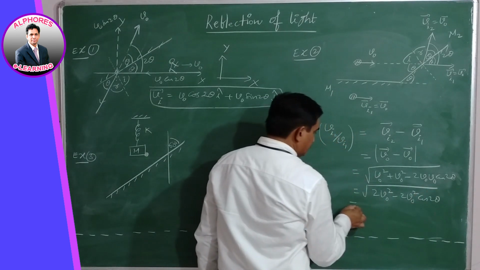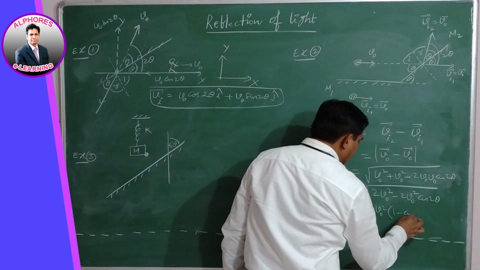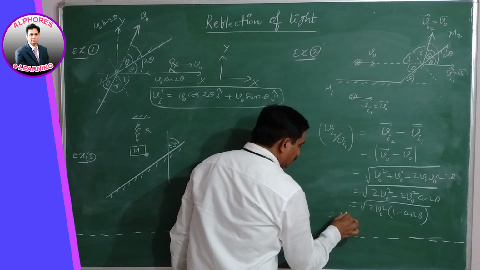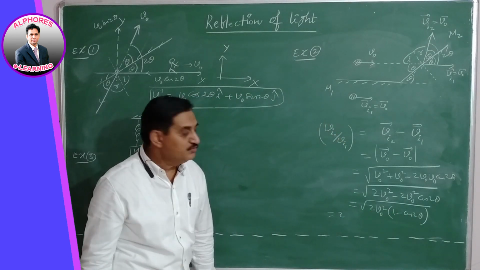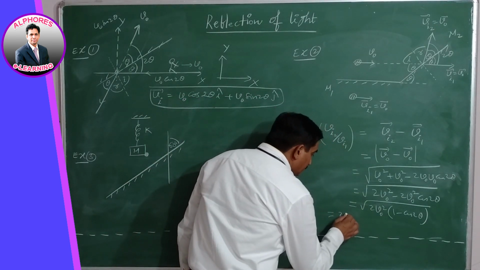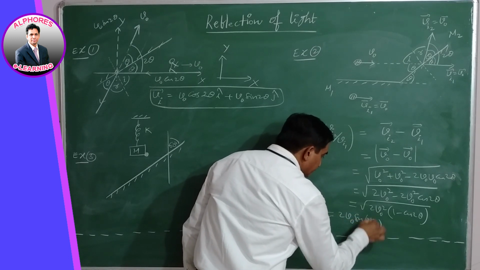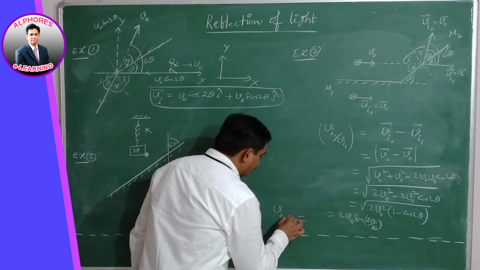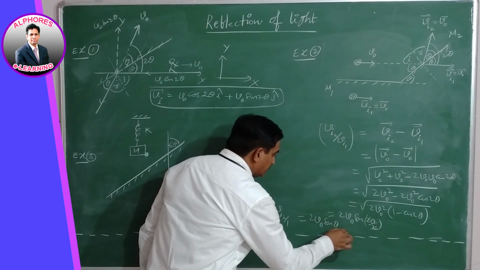Taking 2 V0 square common, we get 1 minus cos 2 theta, and by simplifying, 1 minus cos 2 theta is 2 sin square theta. Therefore, finally, 2 V0 sin theta, which gives us the final answer: the velocity of image 2 with respect to 1 is 2 V0 sin theta.